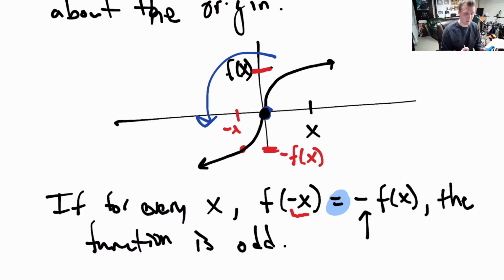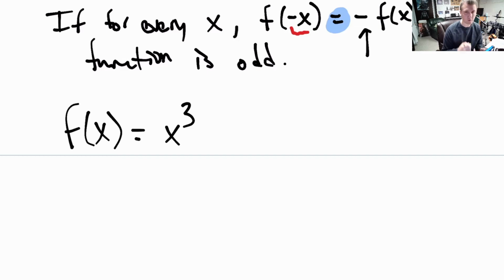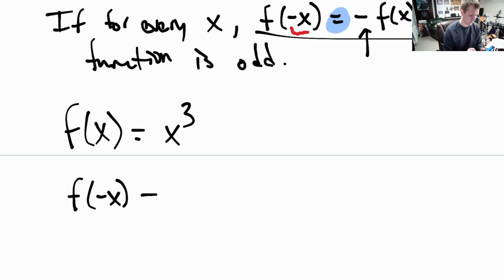So this is a way to test not just the graph, this is a way to test the algebraic forms. So let me give you the basic example that's usually used. F of x equal to x cubed. This is our original function. Is it odd? Well, we're going to guess yes. But how do we test that? We plug in negative x. So this is negative x cubed.